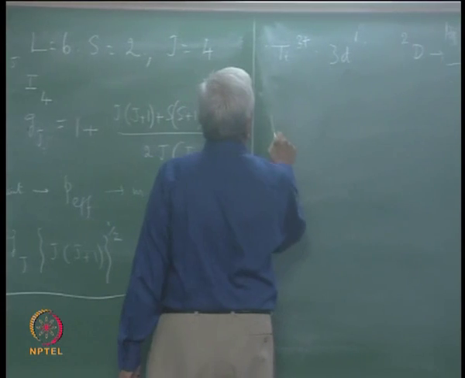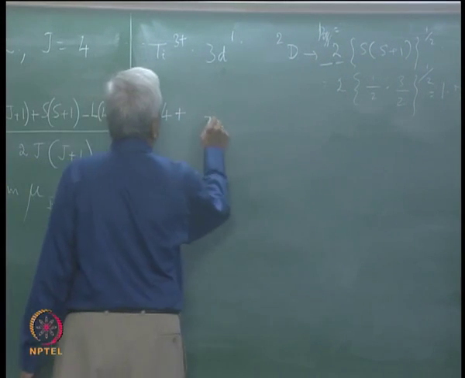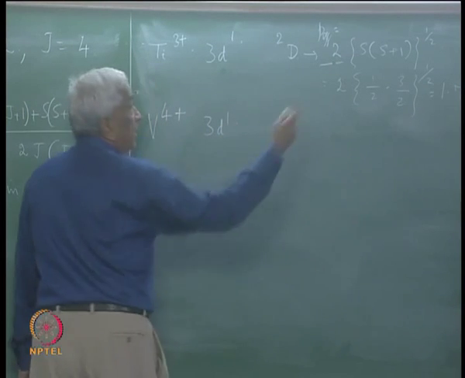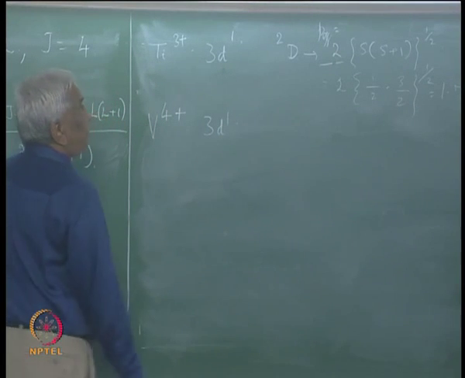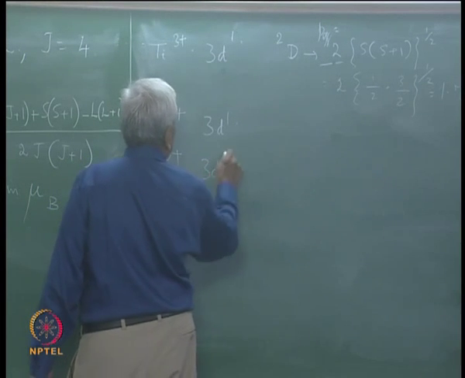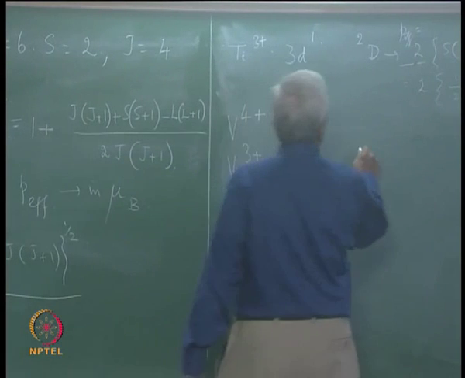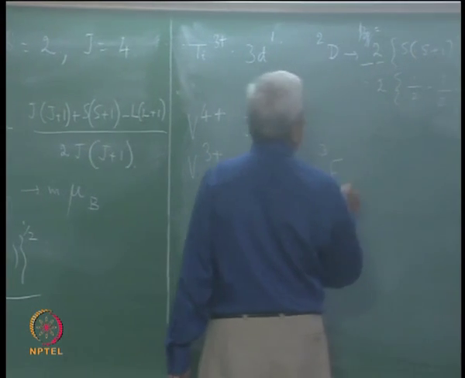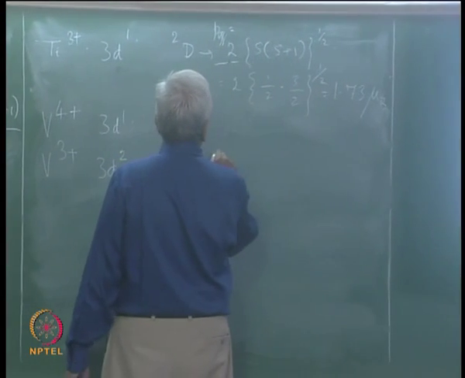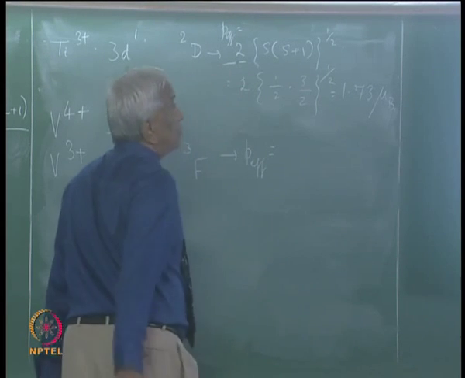Then we have V4 plus, vanadium, which also has 3d1. So, its behavior is similar. Then vanadium 3 plus has 2 electrons, 3d2, and that corresponds to a 3F by the same reasoning as we did for the rare earth ions, and the p effective in this case is 2.8.